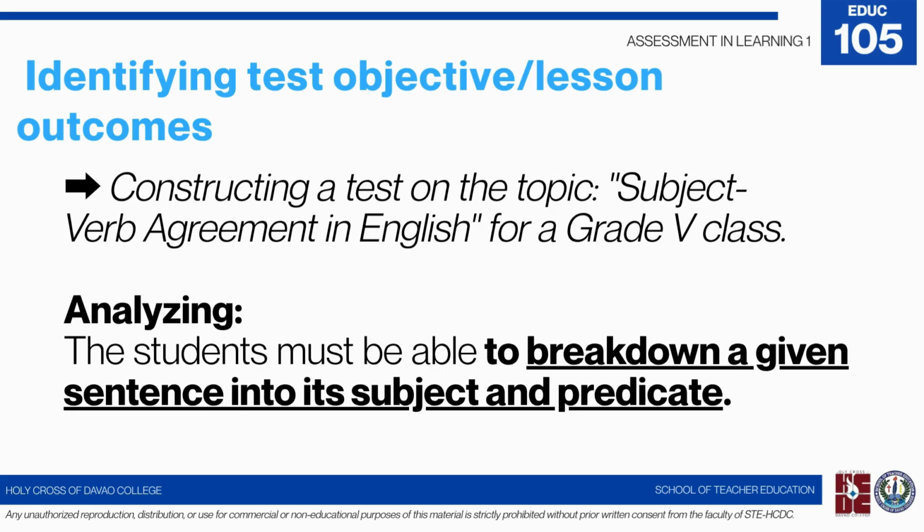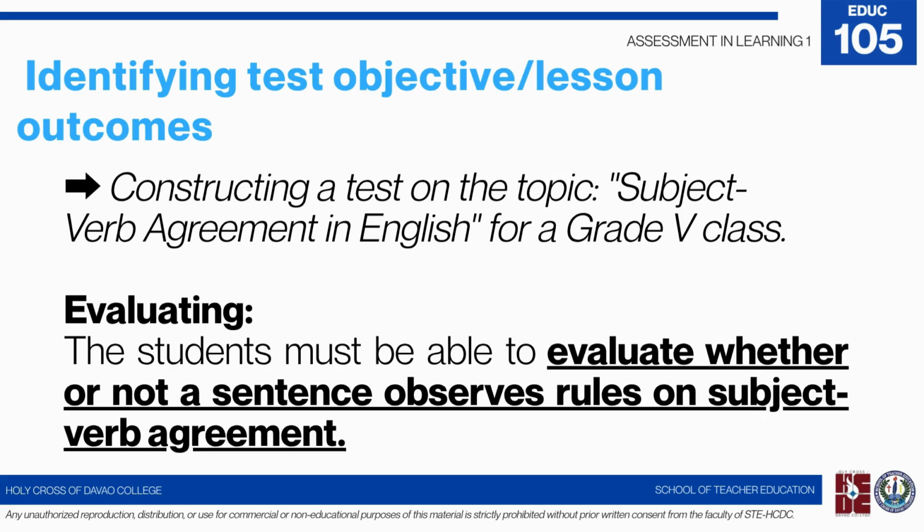For analyzing, students break down a sentence into a subject and a predicate. This involves now examining parts and relationships. For evaluating, students judge whether a sentence follows a subject-verb agreement rule. So this requires a critical thinking ability.